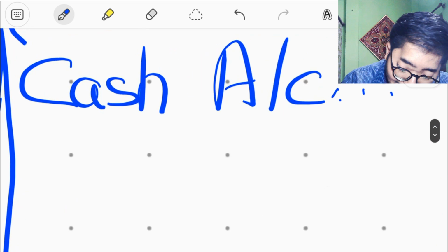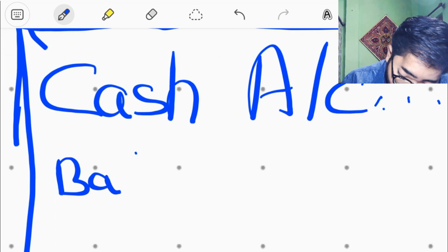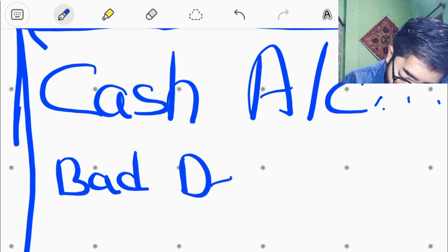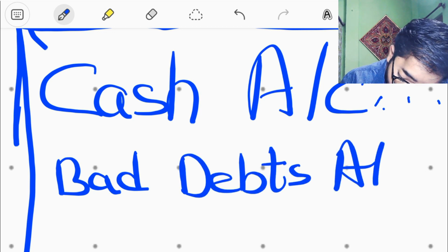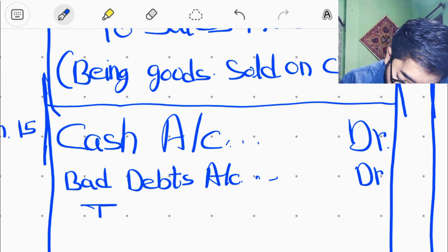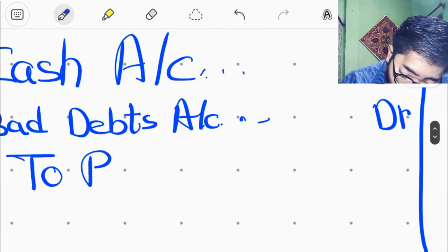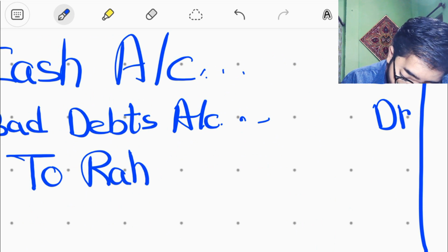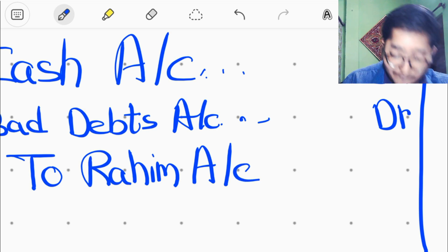All expenses and losses are debit. That is why bad debts account debit to Rahim account. Rahim was an asset. Now the asset is cancelled. That is why the asset is credited.